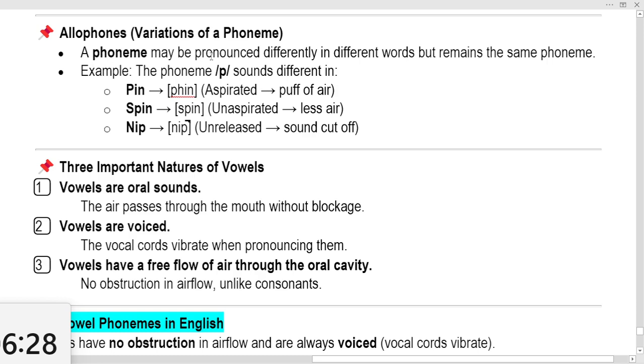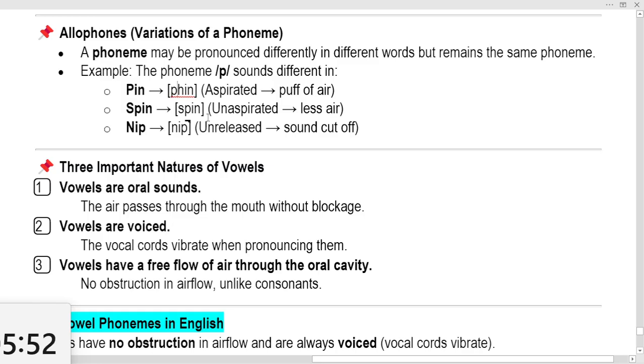A phoneme may be pronounced differently in different words but remains the same phoneme. Phonemes are the same unit of sound. For example, the phoneme P sounds different in pin. Pin. There's a puff of air, di ba? Different pronunciation with the letter P na parang may H after sa P. Pin.